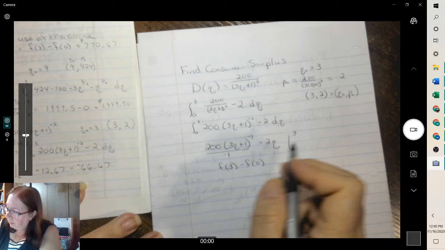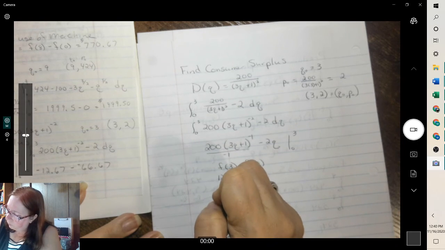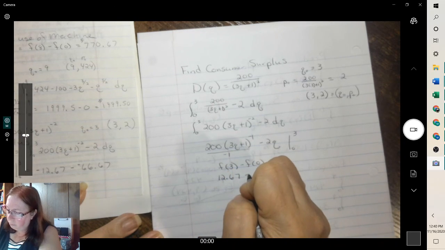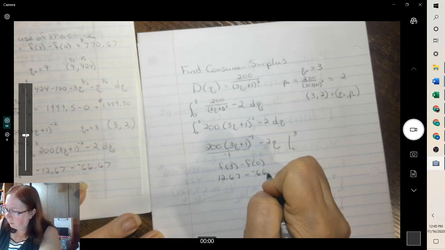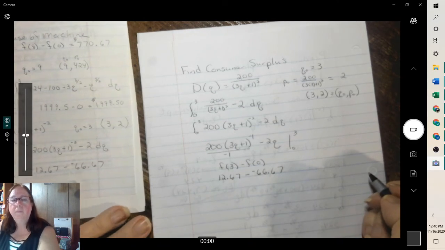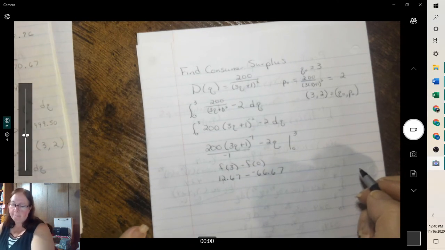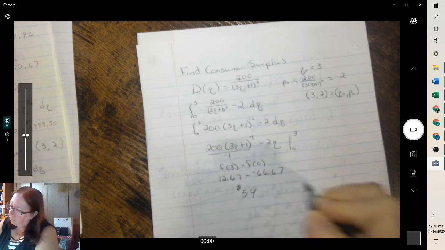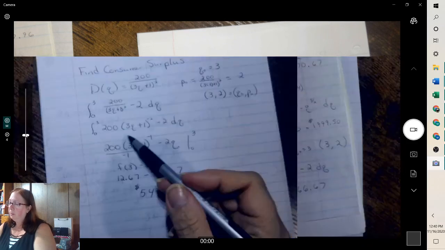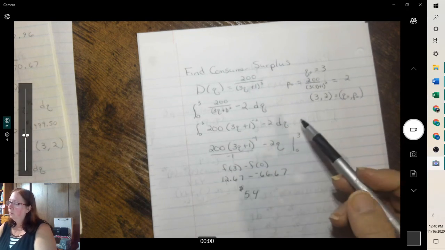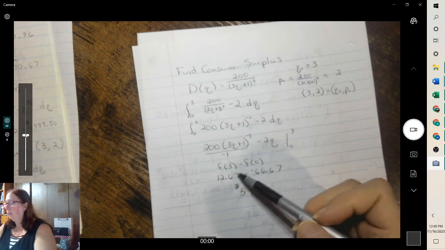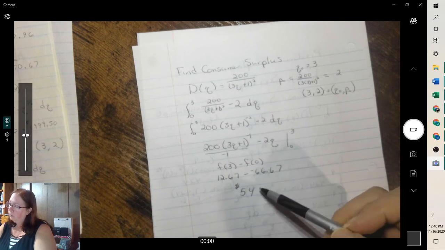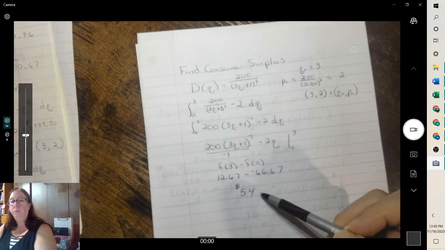And plugging it in, you get 12.67 minus a negative 66.67. And that gives us 54. So you plug this into y equals, go to your table and plug in 3 and 0, and you'll get these two values. It gives us a consumer surplus of 54.